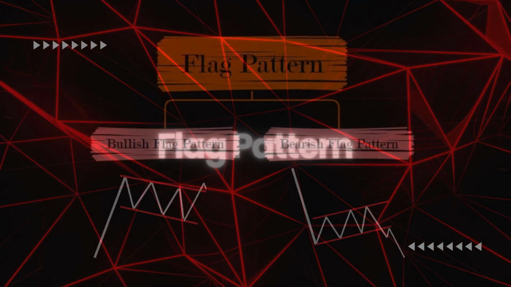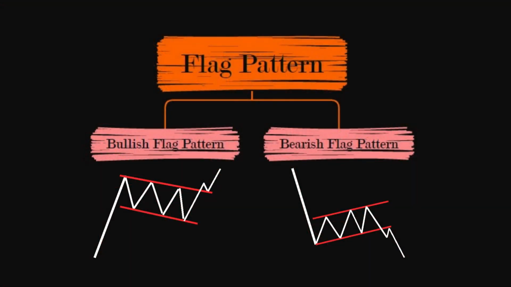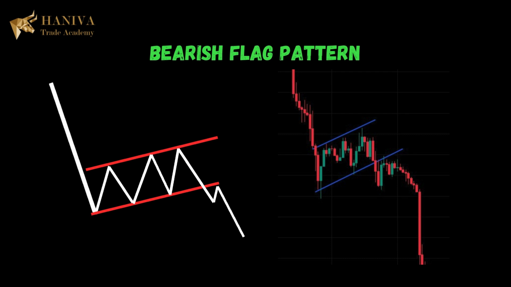Flag pattern. The flag pattern is another continuation pattern that usually forms after a strong upward or downward movement. This pattern also has two types: the bullish flag pattern and the bearish flag pattern. In the bearish flag pattern, we have a strong downward movement followed by a consolidation of candles resembling a flag in a short time.